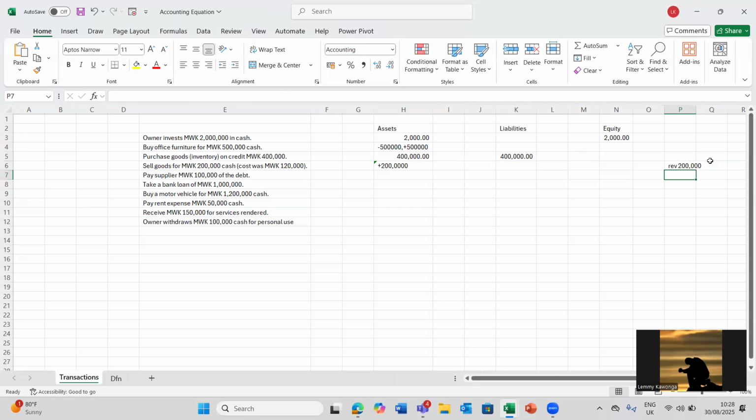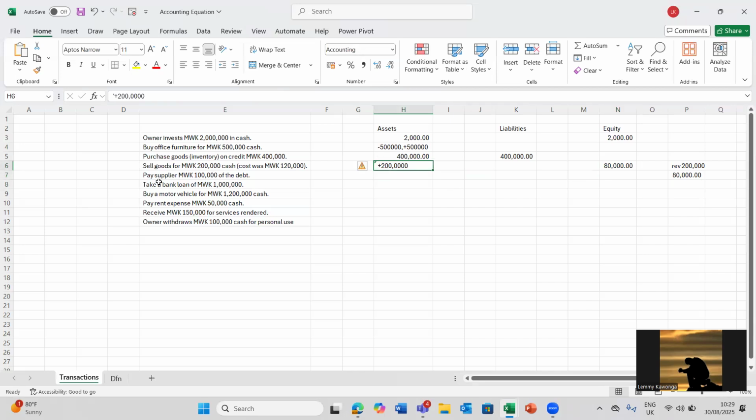So the difference between 200,000 and 120,000, the difference of 80,000, will have an impact on equity. It will come under equity, 80,000.